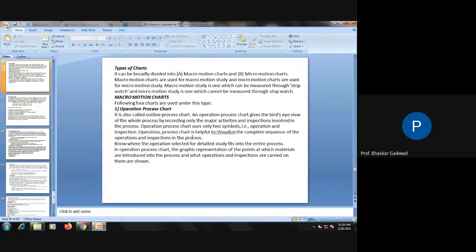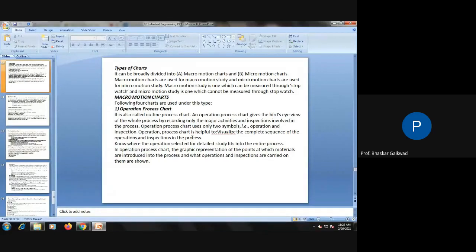Any operation, maybe facing operation on a lathe machine, milling operations on milling machines, then planing operations on a planing machine. Whatever the operations are, you have to show them by a circle. Once those operations are over, then you have to measure these jobs by micrometers, verniers, which means inspection.